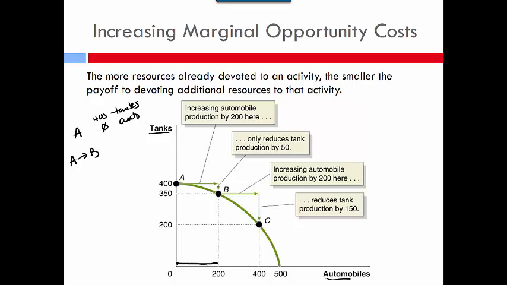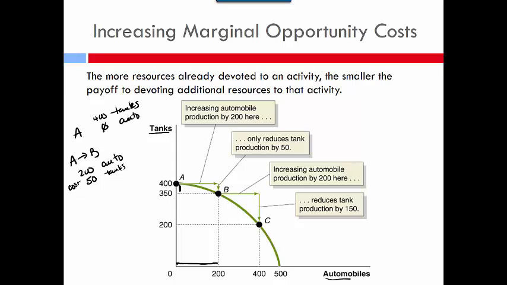So 200 automobiles is what we gain, that's our plus. What do we have to give up to do it? We went from A to B, so we only had to give up 50 tanks. So 200 automobiles cost us 50 tanks in terms of production.